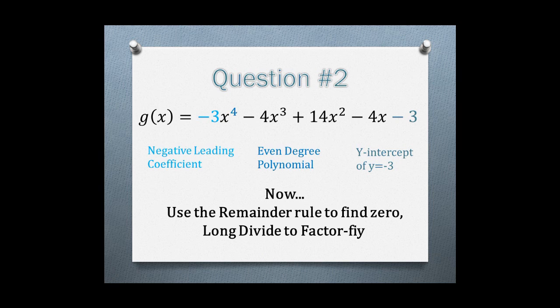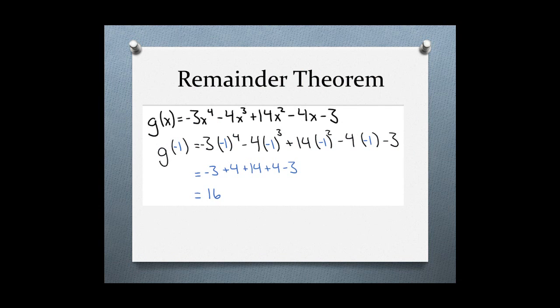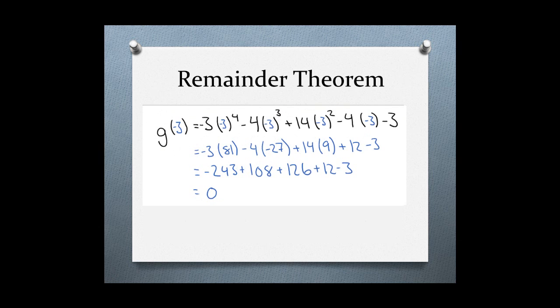So now we use the remainder theorem and long division to factor once again. First we use the remainder theorem and we input negative 1 into the equation, and we find that it's equal to 16. So it is not a factor. So we try again with negative 3, and we find that it's equal to 0.